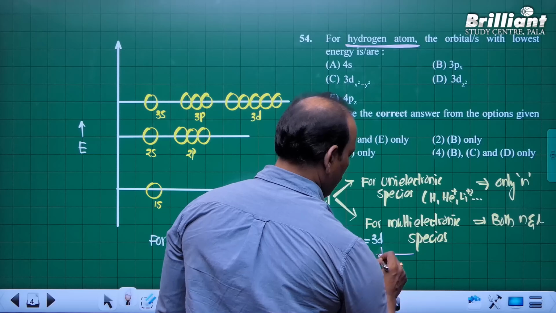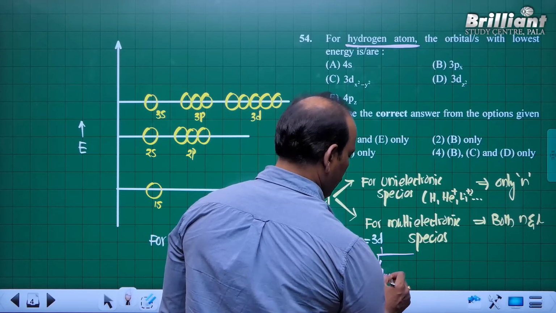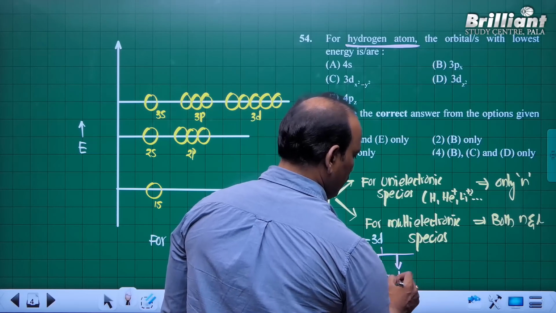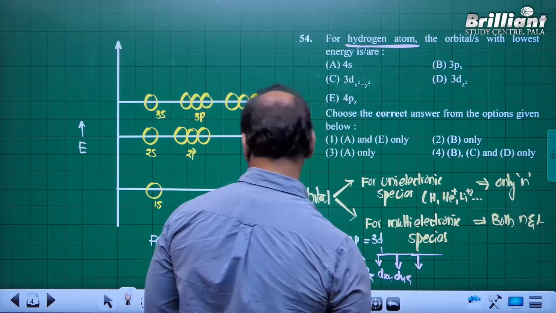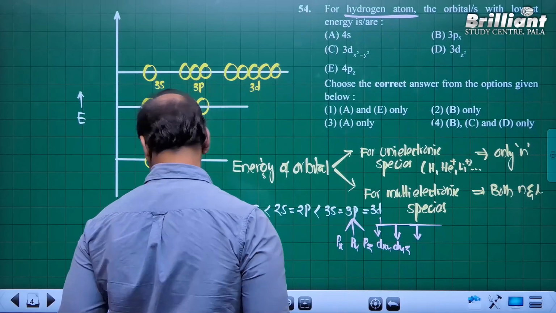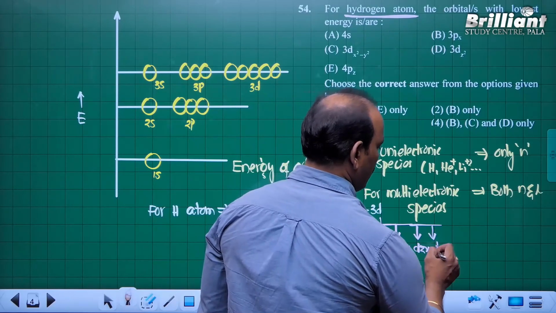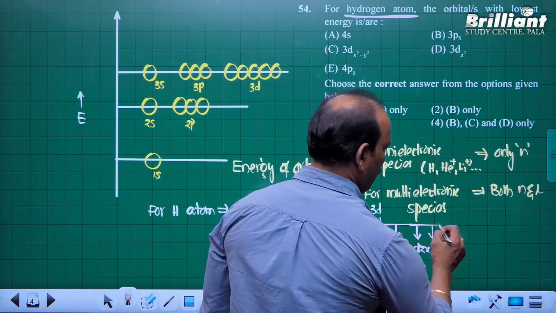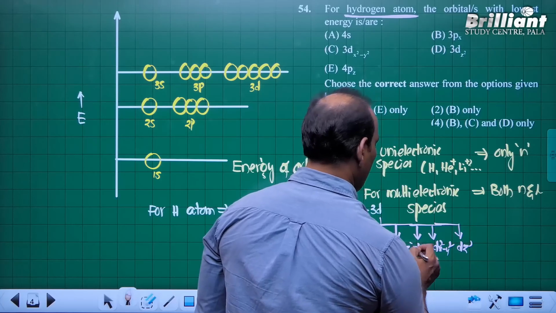In this one, dxy, dyz, dzx, dx square minus y square and dz square. Here all are equal.